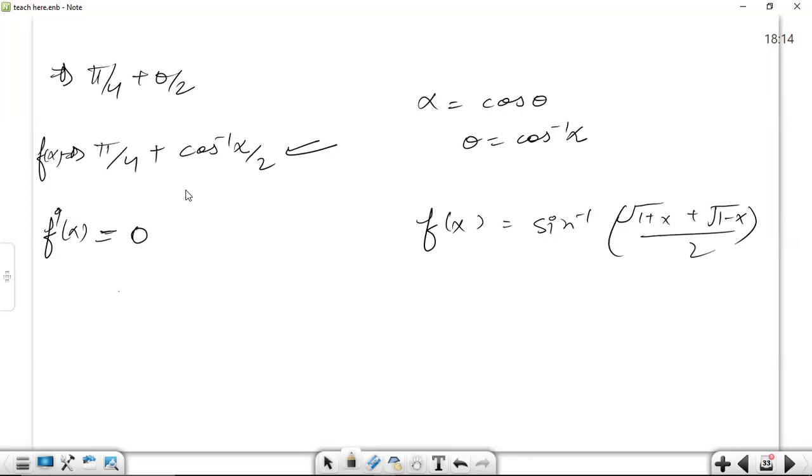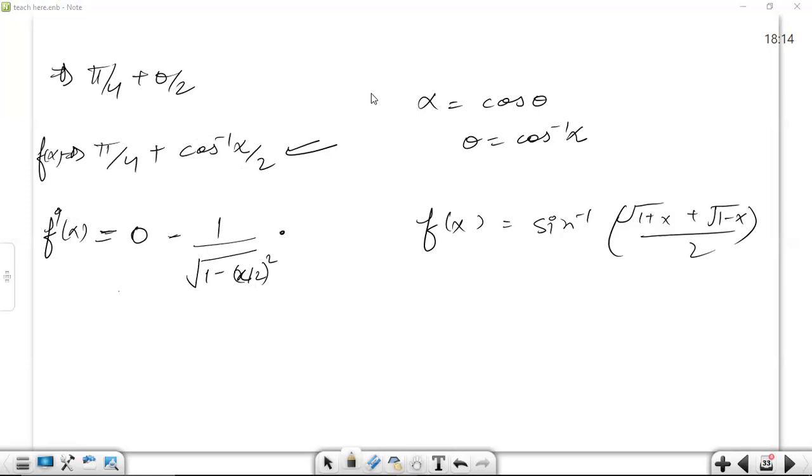And the differentiation of cos inverse of x by 2 will be what? As it is cos inverse in the starting, it will be negative 1 upon square root of 1 minus x by 2 whole square, into the derivative of the function which is inside this inverse trigonometric function, which is x by 2. The derivative of x by 2 is what? Please unmute yourself and speak. Yes, Rishi. Yes, Tanish.